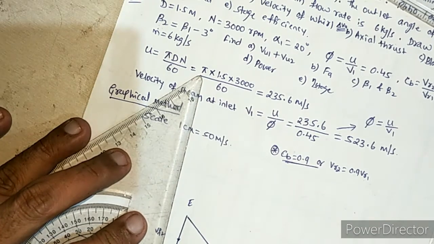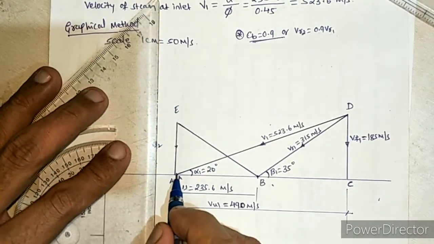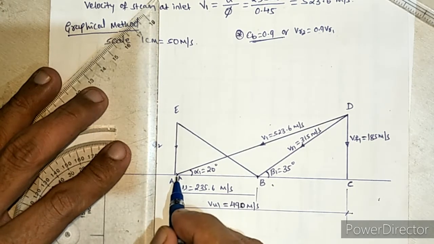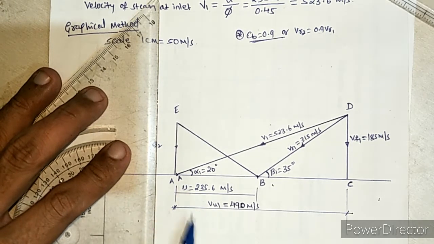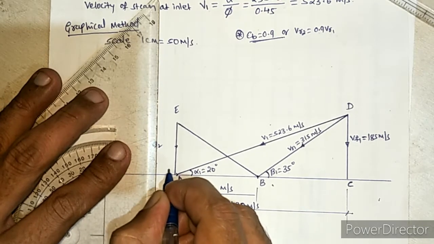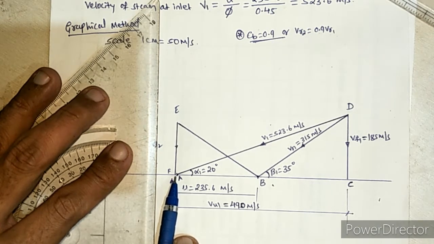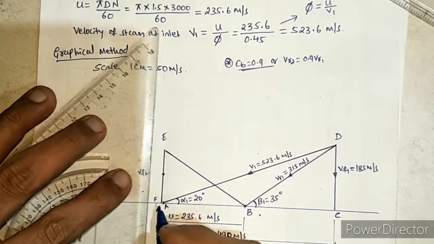This is point A, and this is point F. There is a small gap between point A and F, and that FA value is nothing but VU2.